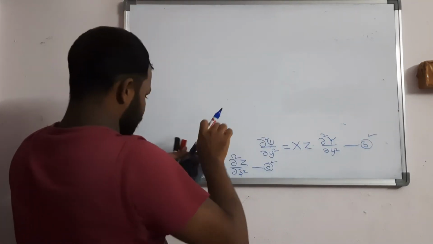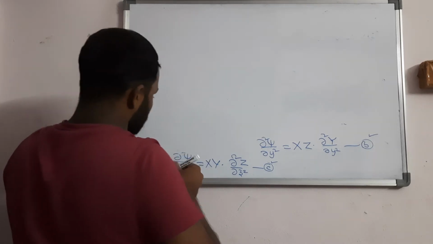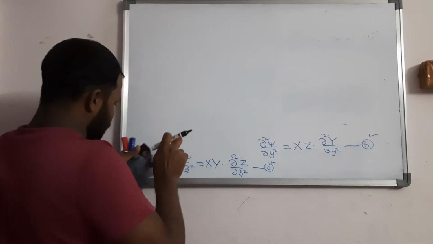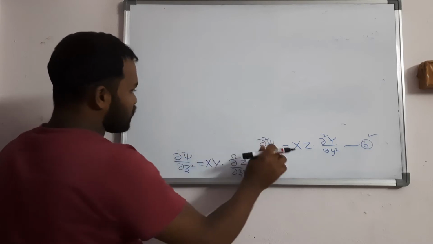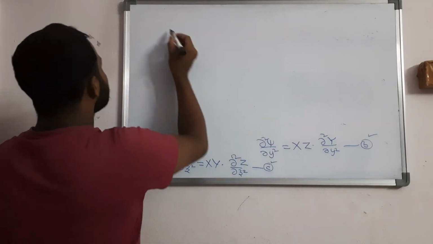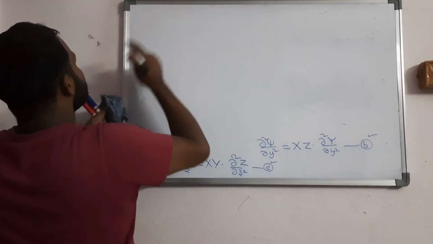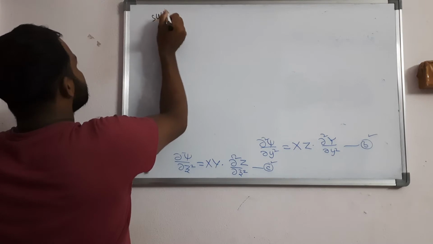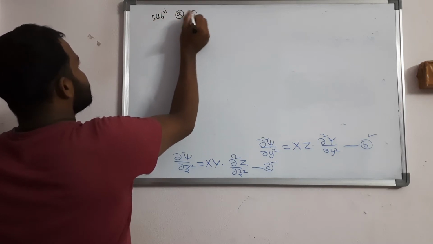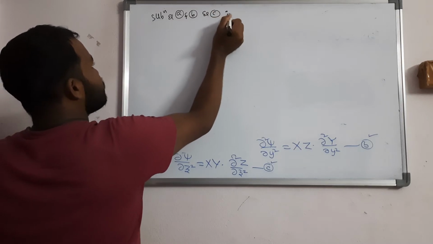What is the Schrodinger equation first? ∂²ψ/∂x², and in place of that you will get YZ. Substitute equations A, B, C in equation 1.